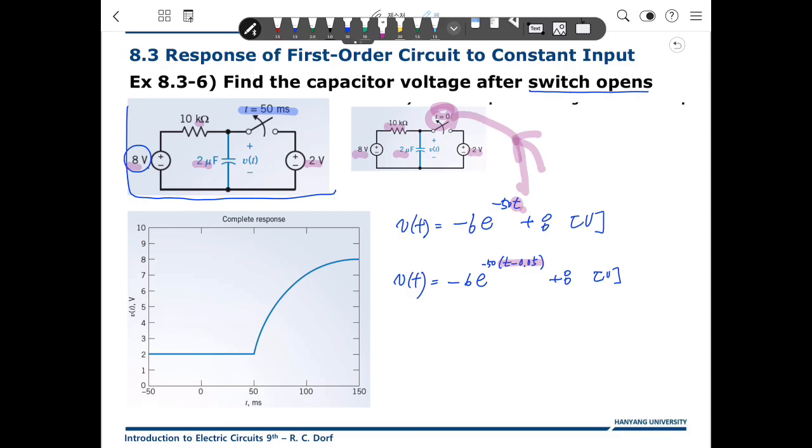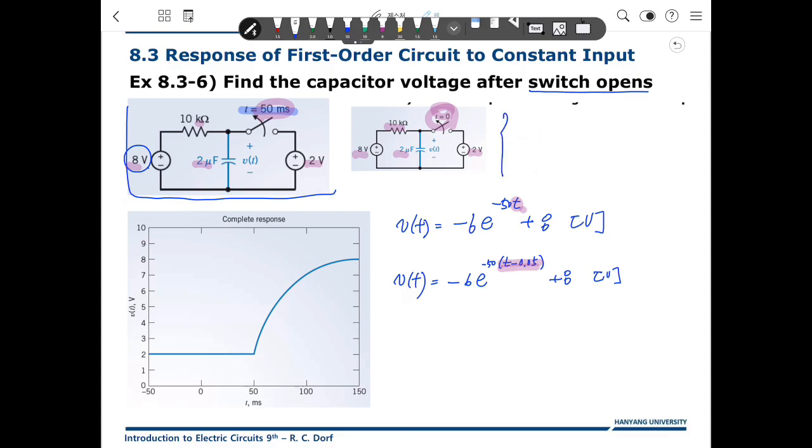But in this example, the change happens at 0.05. So actually, the more exact solution of this circuit looks like here.